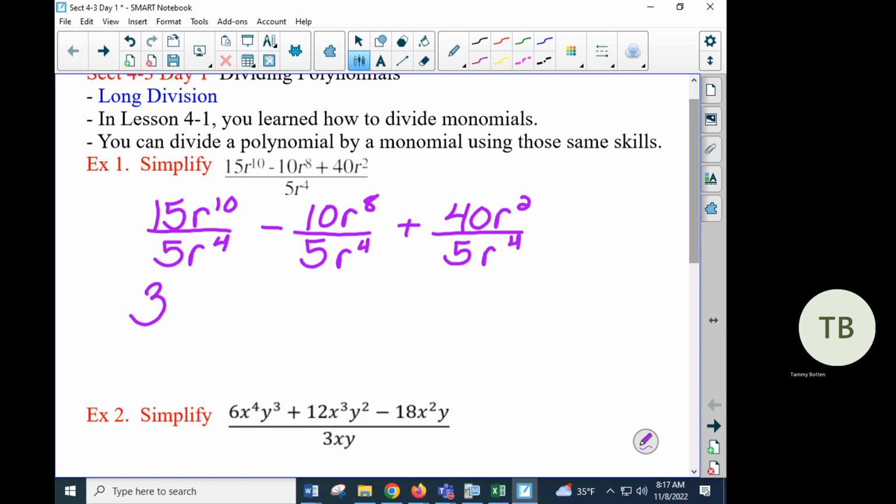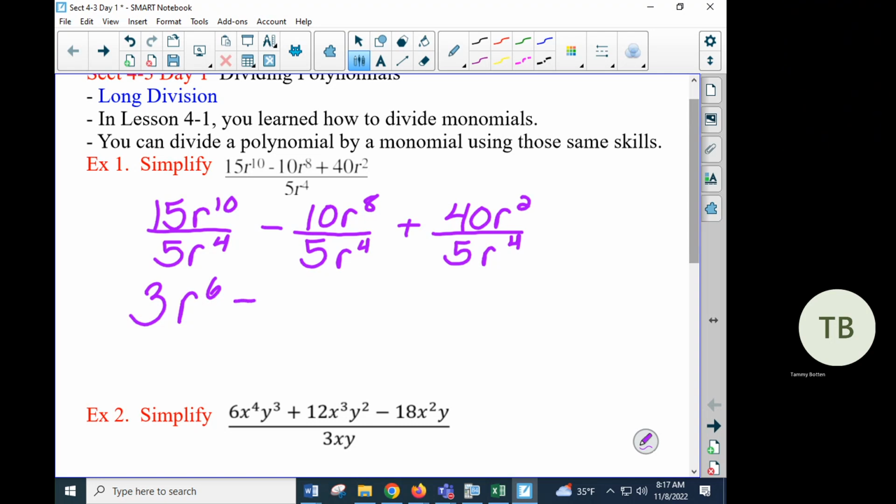Do you multiply them? Do you subtract them? You subtract them. And then where you put R to the 6th is where the biggest number exponent is. 10 is bigger than 4, so that means your R to the 6th goes on top. Nothing is going to be on the bottom of that one, okay?